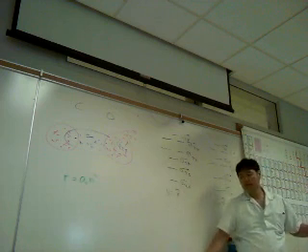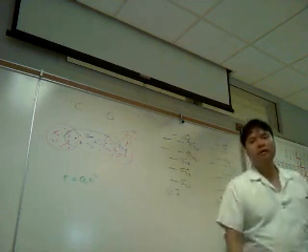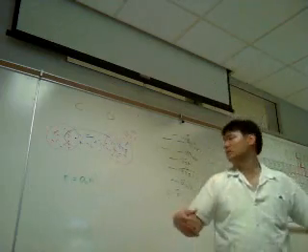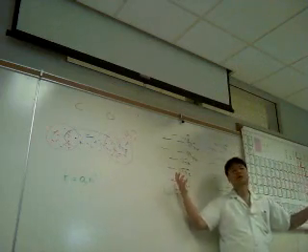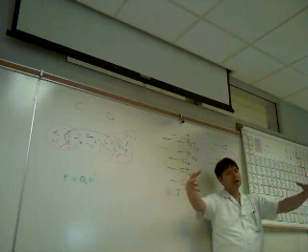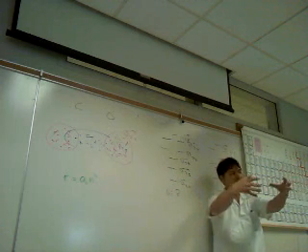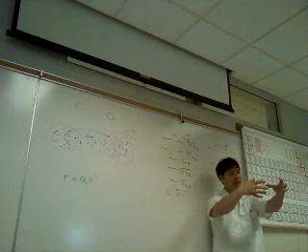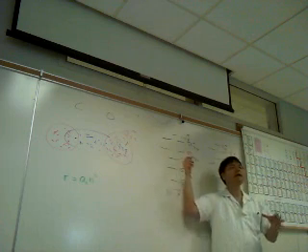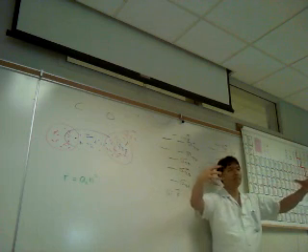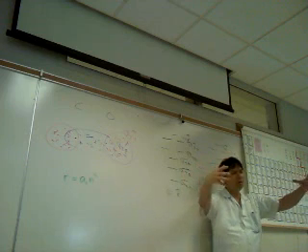Just to follow up, a 1 minute explanation. A sigma 2s is more penetrating, and so it gets pulled towards the nuclei and shrinks. A sigma 2p is less penetrating, and so it doesn't get pulled as tightly.